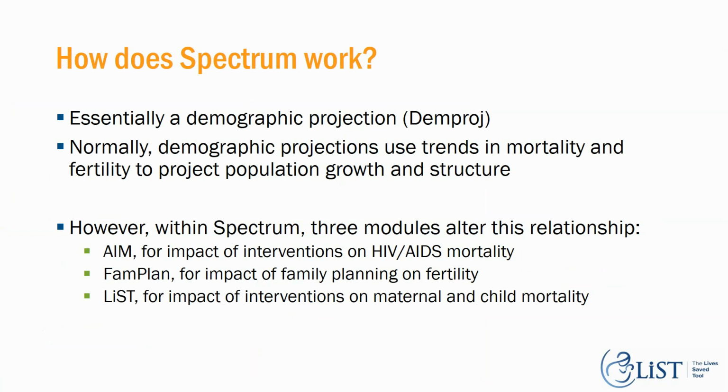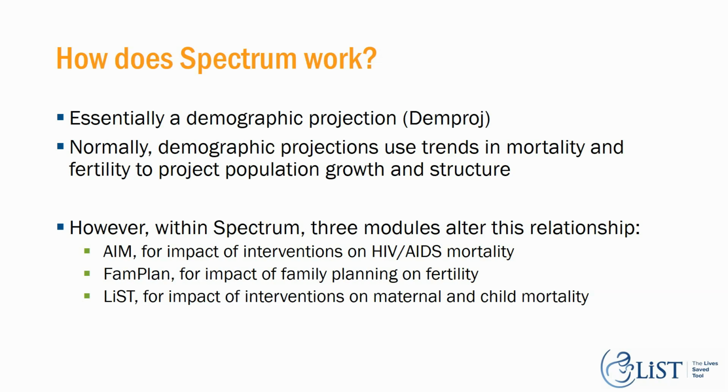And to take a little bit of a look into the software itself, LiST is one module housed within Spectrum. Spectrum is essentially a demographic projection, so it relies on one module called DemProj.